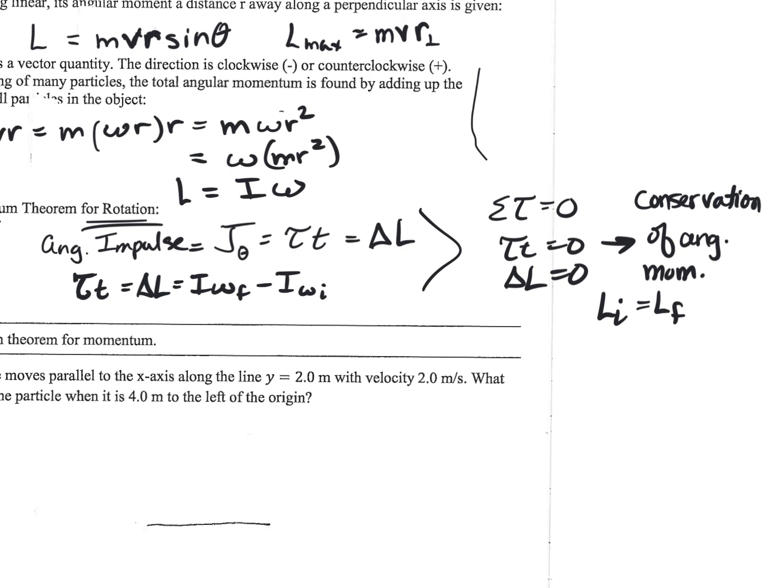I want you to think about what that really means in an actual thing. Look, I got this guy right here. This has angular momentum. It's moving. It's going to continue to move unless I apply some sort of torque. Oh, hey, I'm going to spin it a little harder. Oh, look, the angular momentum changed.